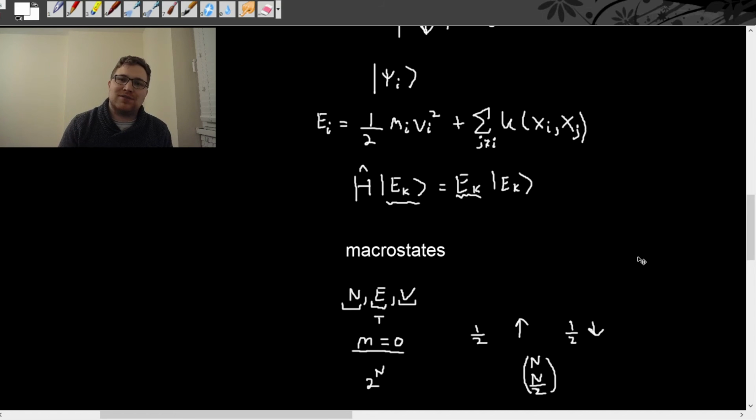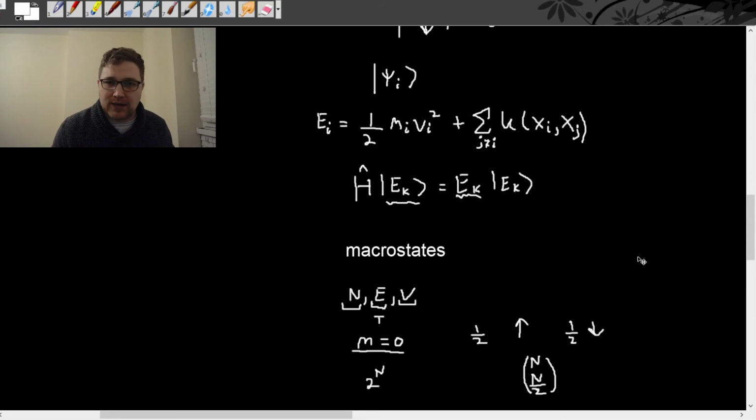So the macrostate sort of washes away all of the microscopic information and leaves you with a description of your system in terms of its macroscopic quantities that could correspond to an incredibly large amount of microstates, or potentially an infinite number of microstates. So these are properties of the system in the bulk.